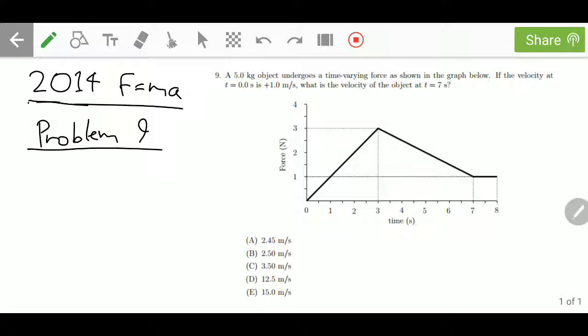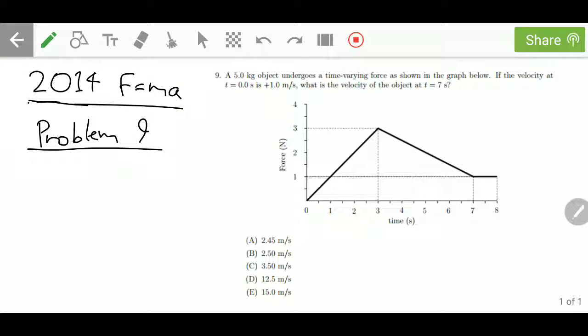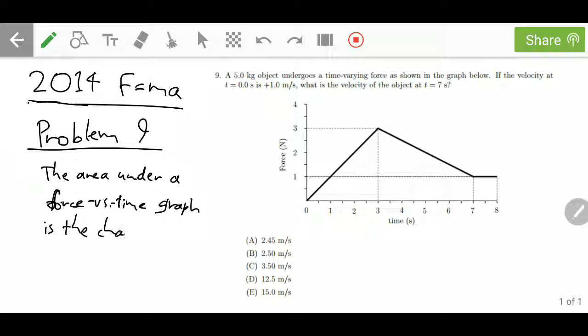So, the general principle that we need to use here is that the area under a force-time graph, force versus time graph, is the change in momentum.